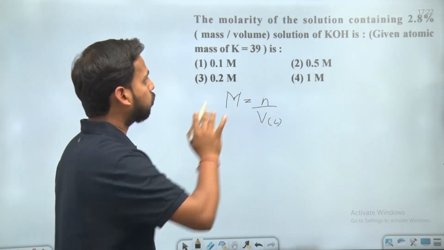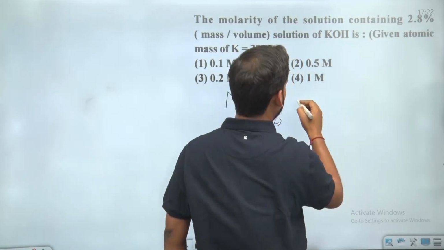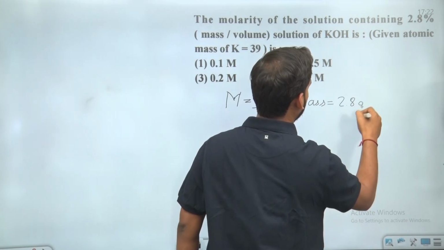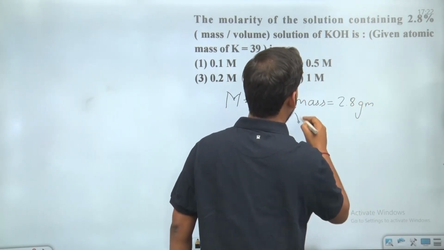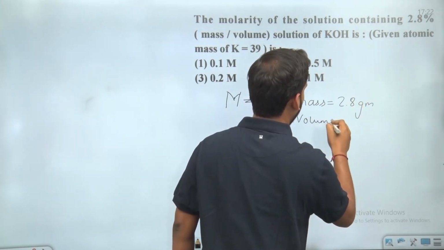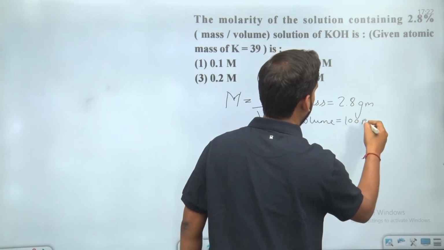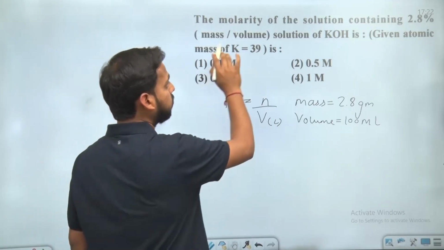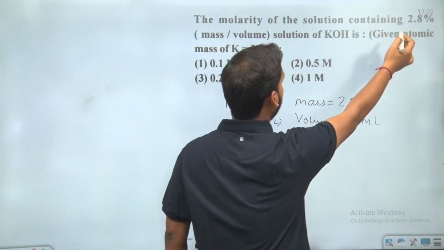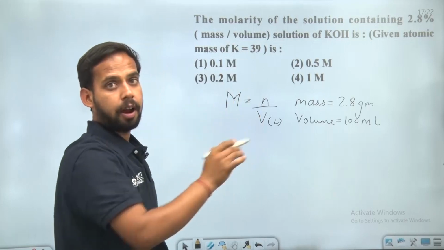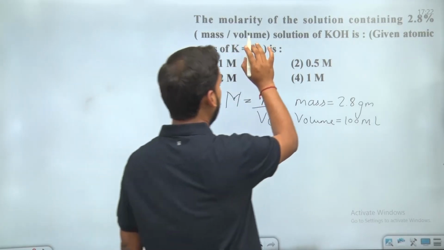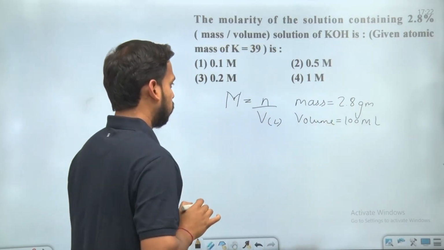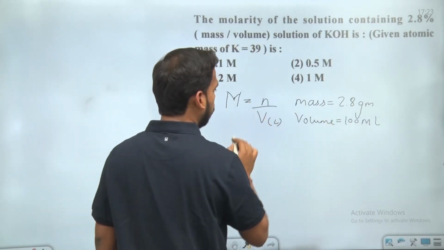Here the mass of solute is 2.8 grams and the volume is 100 ml. Because it is 2.8% mass by volume, it contains 2.8 grams of solute in 100 ml of solution.